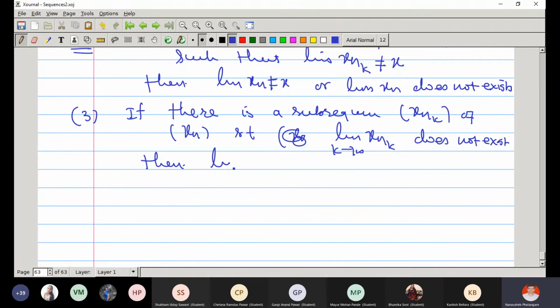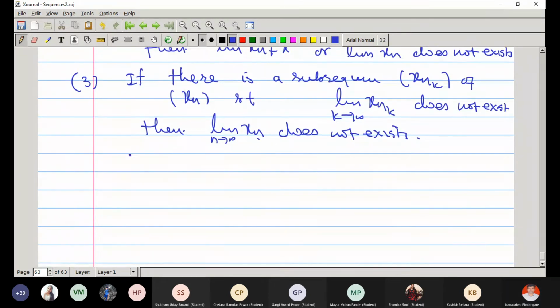Then definitely the limit of x_n does not exist. Am I right? Why is this true? Because if the limit of x_n were to exist, then by the theorem every subsequence must converge. Correct? If the limit of x_n exists, every subsequence converges. But if there is a subsequence which does not converge, that means the limit of x_n does not exist. Am I right? Yes, sir.